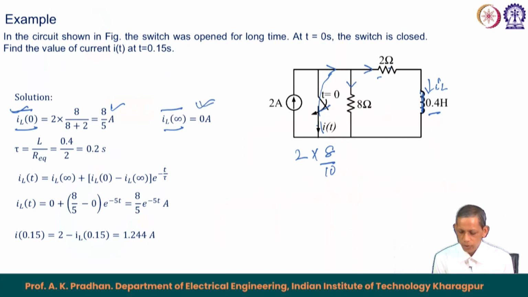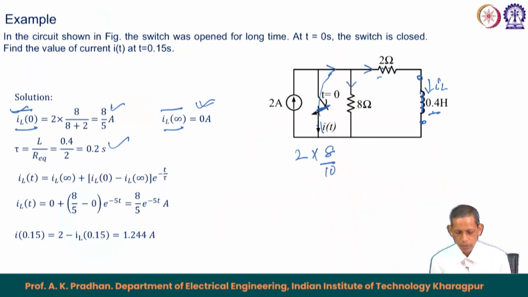And the time constant, looking at this for the second case, when this is closed, means this is bypassed. Therefore, only the 2 ohm is present, so the time constant is L by R, that is 0.4 by 2, which gives you 0.2 second.